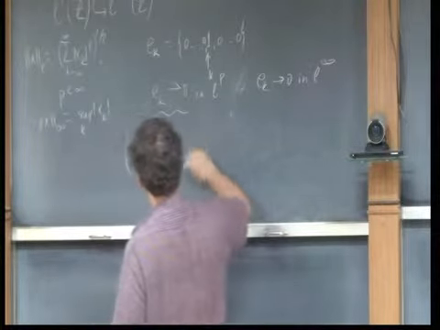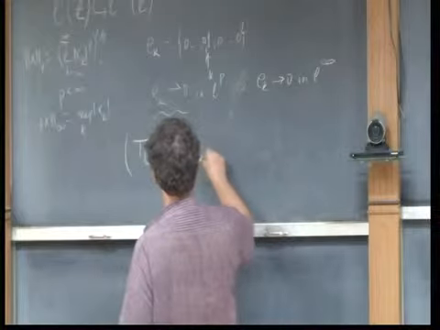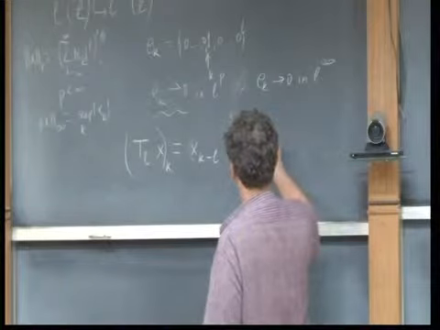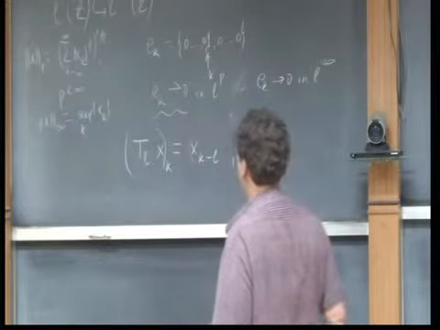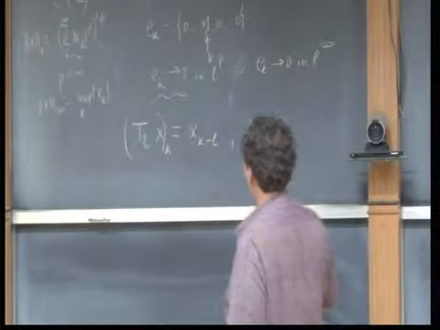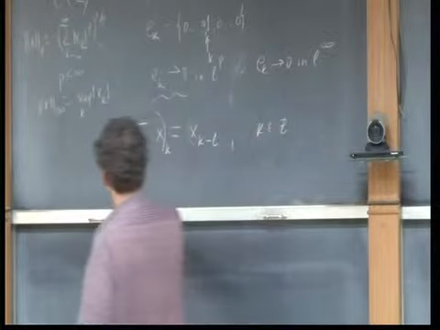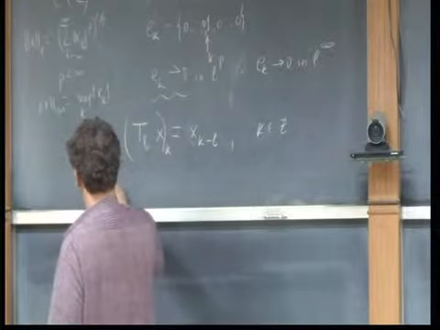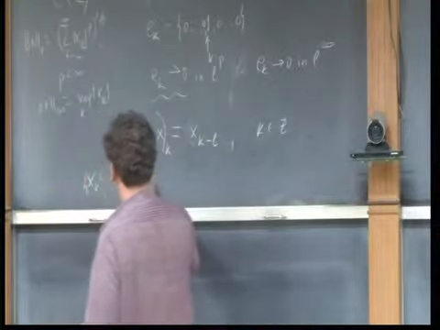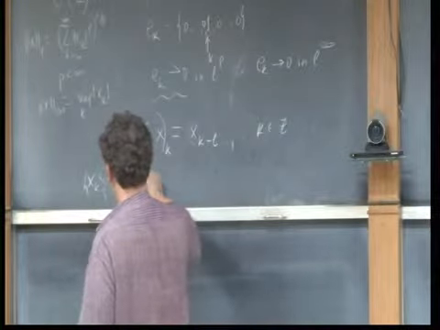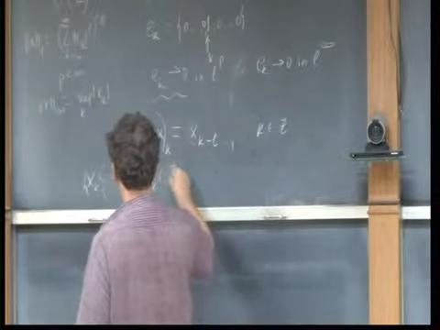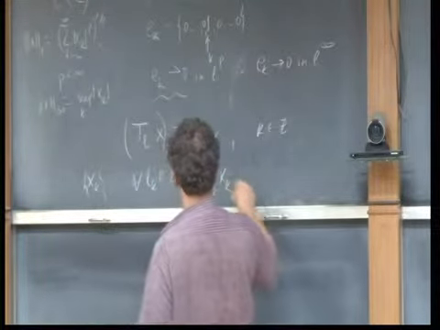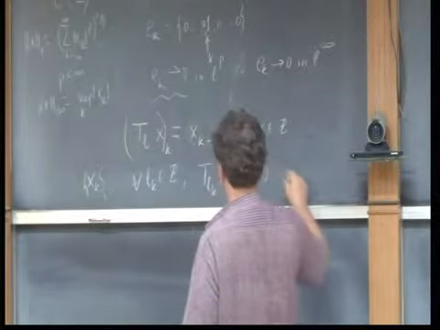So the k-th component of it will be x_{k-1}. And let us require that the sequence x_k is such that for every ℓ in Z, T_ℓ x_k will converge weakly to 0.